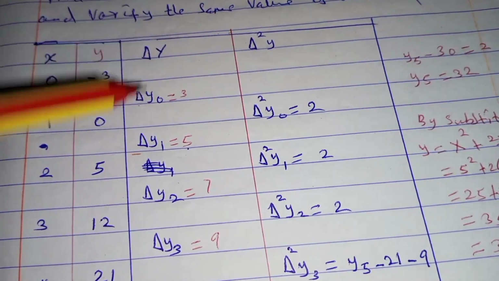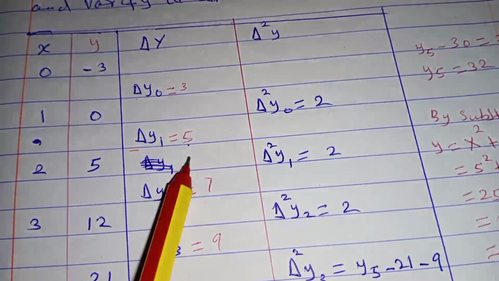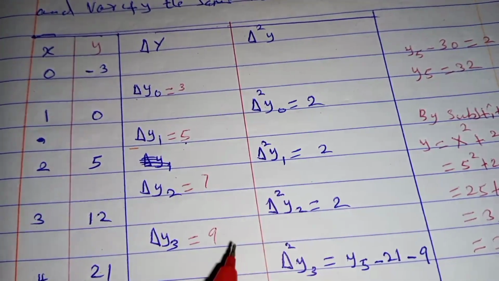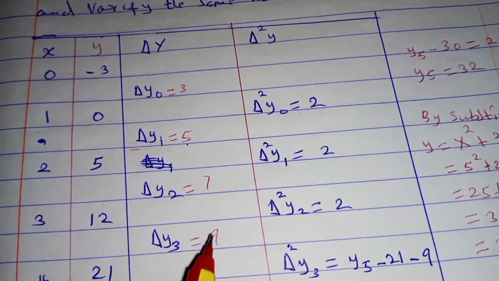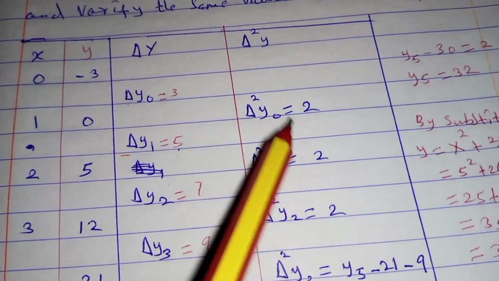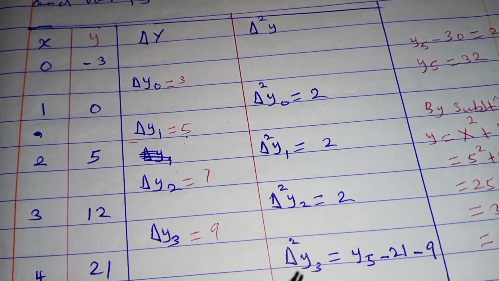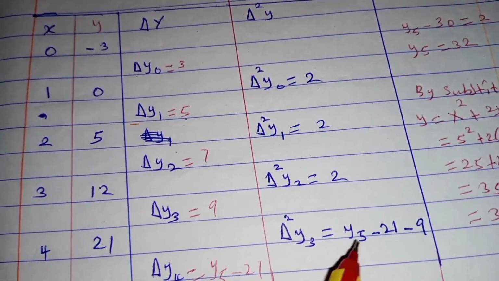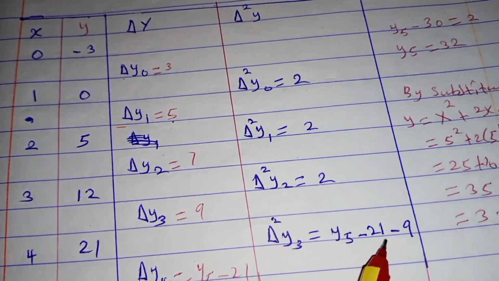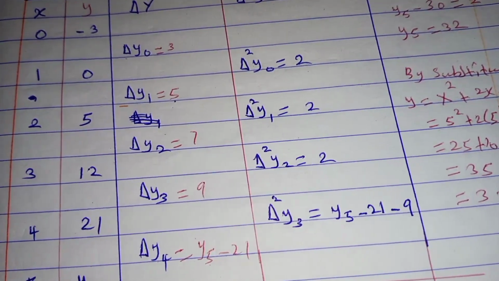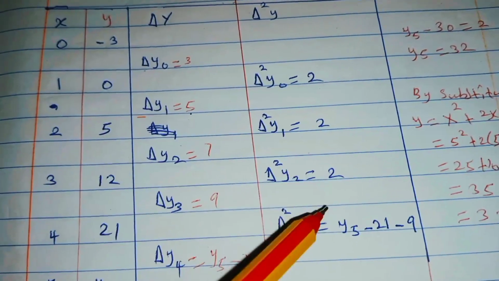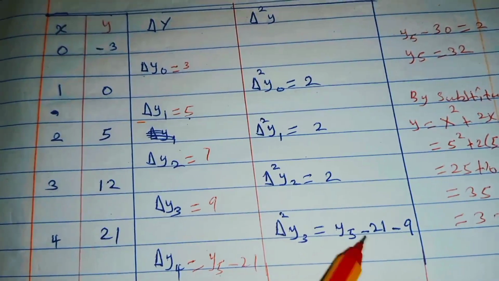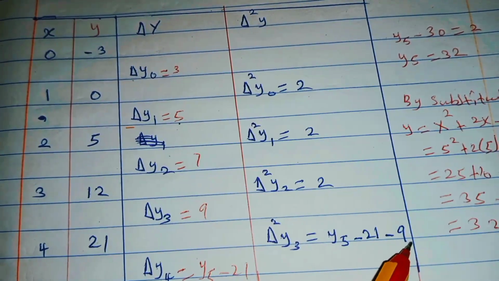The second forward difference is obtained by subtracting: 5 minus 3 is 2, 7 minus 5 is 2, and 9 minus 7 is 2. So you can see these are constant. The final one is y5 minus 21 minus 9. You can clearly see these are constant, meaning that if we find the value of y5, this result should be equal to 2.